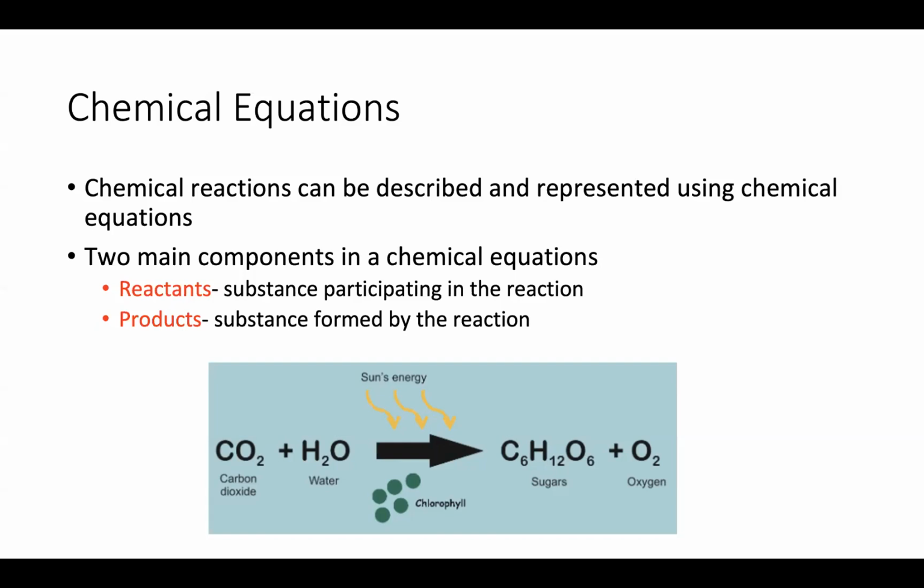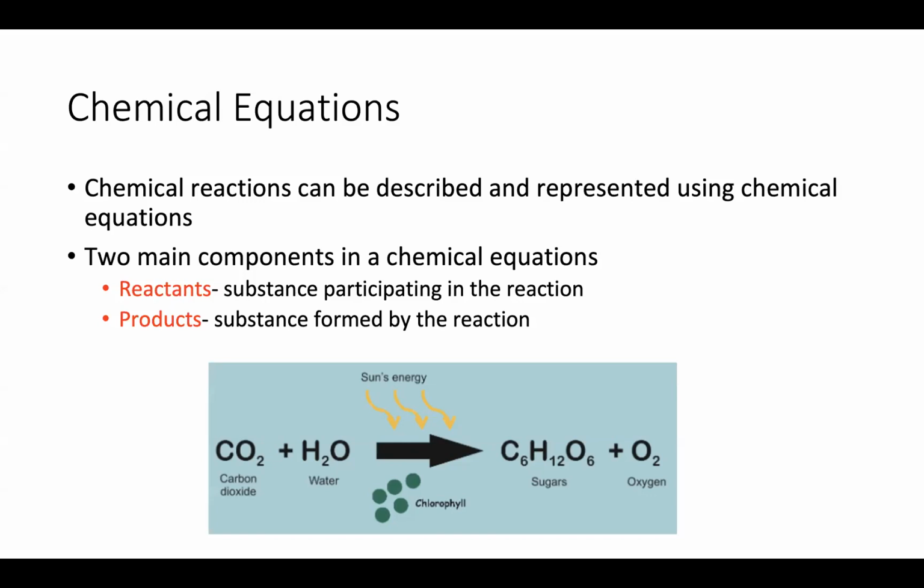We have the reactants, the key players that actually participate in the chemical reaction. And then we have the products, the substances that are formed as a result of the chemical reaction. So you should have a basic understanding of what's happening in a chemical reaction, and we know that a chemical equation represents it.